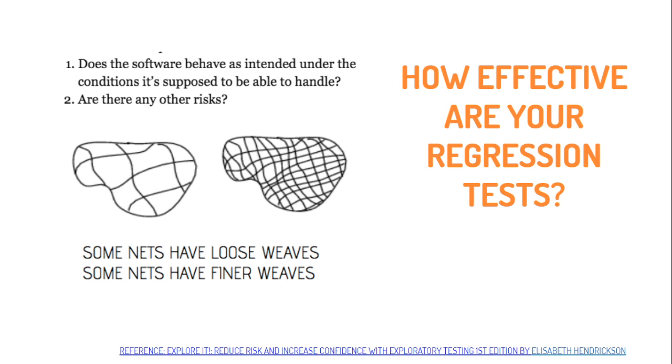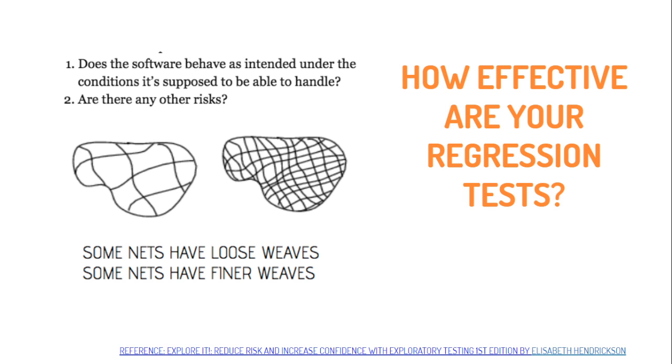So in software testing, you should be able to answer two important questions. One is, does the software you are testing behave as intended under the conditions it is supposed to handle? And are there any other risks? By scripted testing, you can answer the first question, whether your software behaves as intended under normal circumstances.